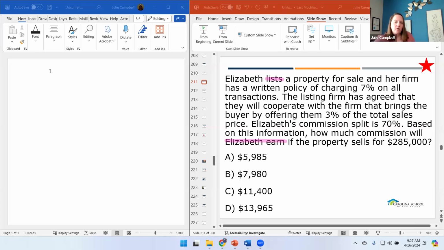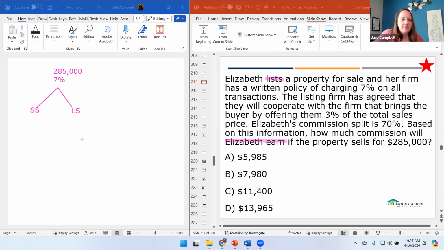So let's map out what we have. We're going to start at the top, 285, and I got a total commission of 7%. And then we're going to split that between the sides. You got the selling side getting a commission, and you got the listing side getting a commission.